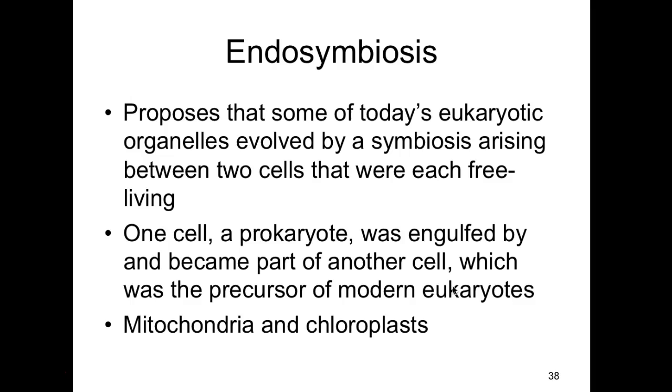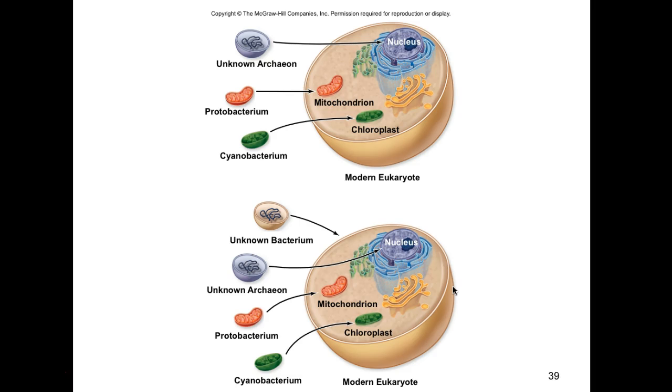One cell, a prokaryote, was engulfed and became part of another cell, which was the precursor of today's modern eukaryotic cell. An example would be the mitochondria and the chloroplast. So there you can see a nice example of the unknown archaean, protobacterium, and a cyanobacterium all becoming part of the modern-day eukaryote.